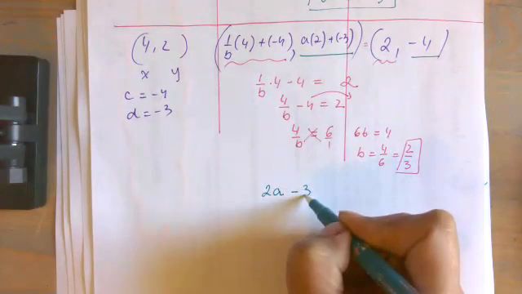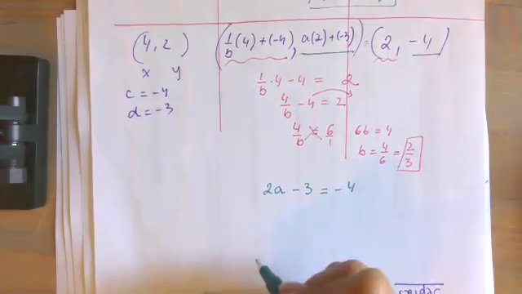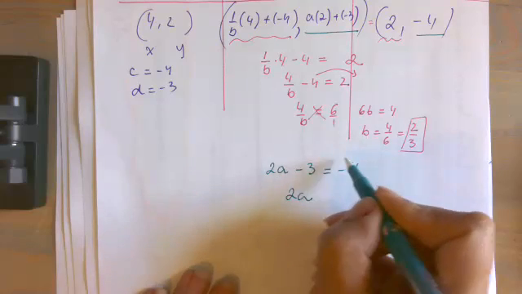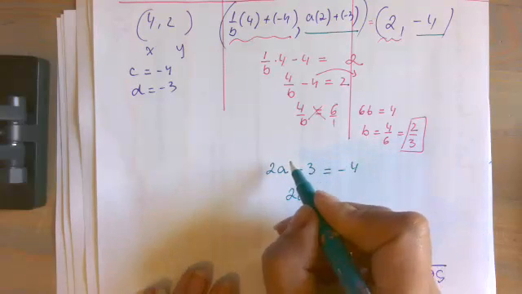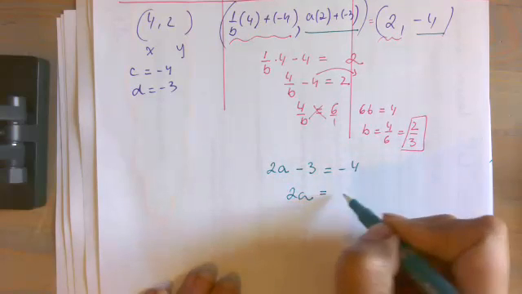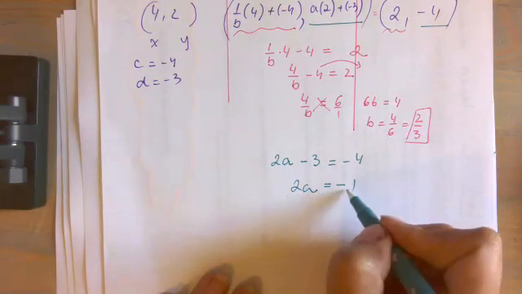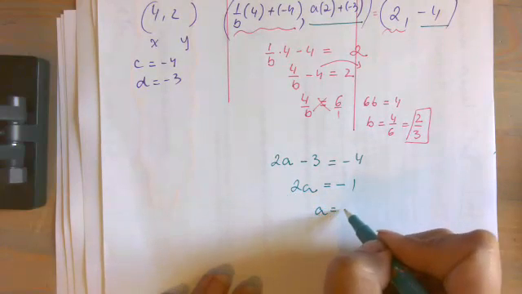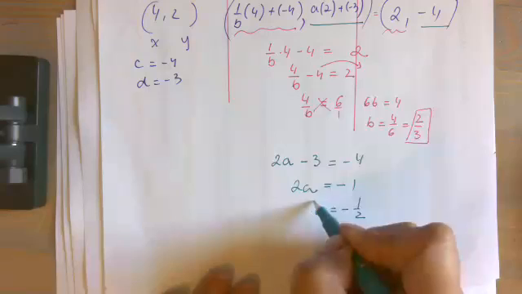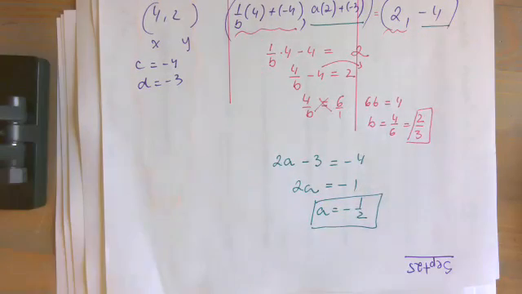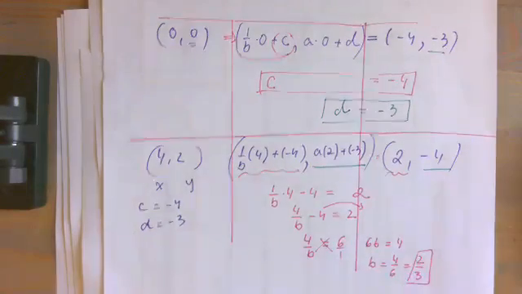So minus 3 equals negative 4. 2a, move the negative 3 on the other side, becomes positive 3, or add 3 to both sides, you get negative 1. Now divide by 2 both sides. A is negative 1/2. Is that what we got with the other approach? Yes. So you have A, you have B, you have C, you have D.